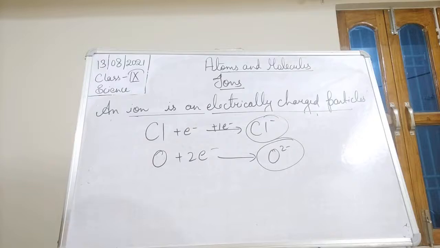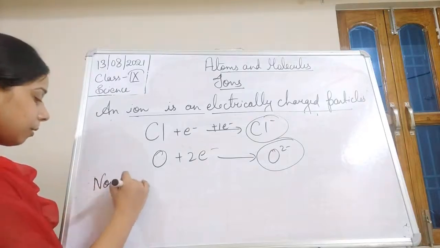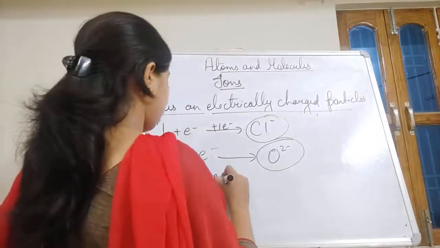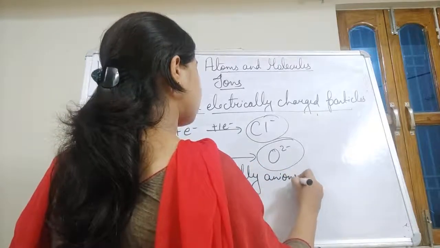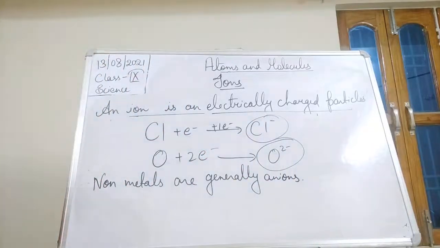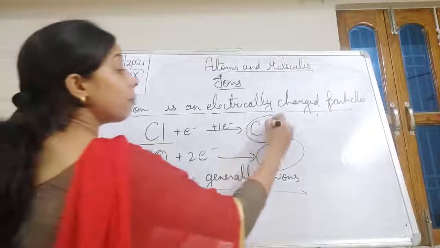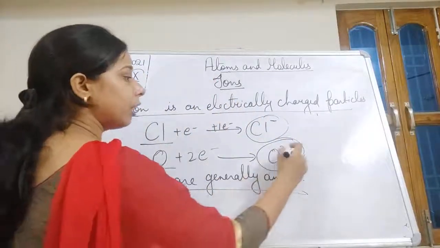So most of the non-metals are generally anions. When it gains one electron, it will become minus 1, but when it gains more than one electron, it will become minus 2.